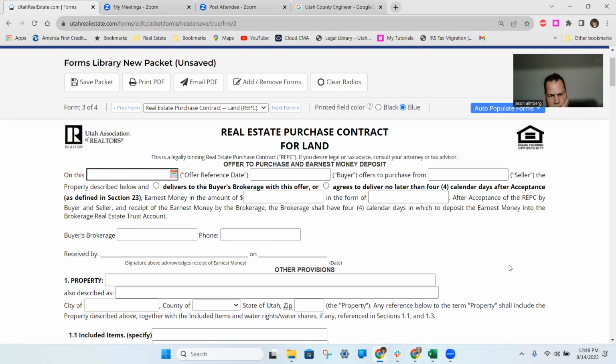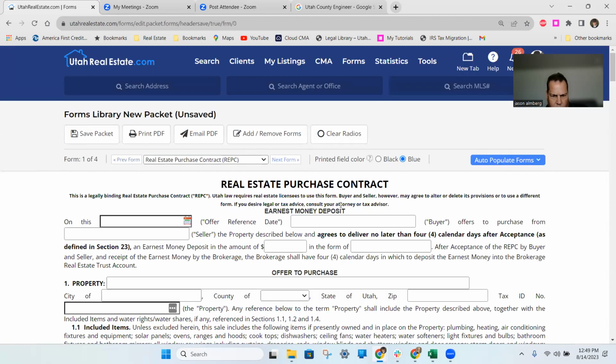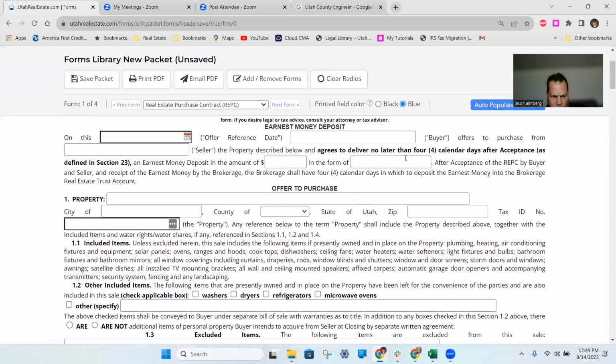This is the old school version of the form. You're either going to be marking that they are offering the earnest money, providing it today with the offer, or agrees to provide it within 4 calendar days. That's different from what you're used to seeing at the top of the standard REPC, where it just says agrees to deliver no later than 4 days.